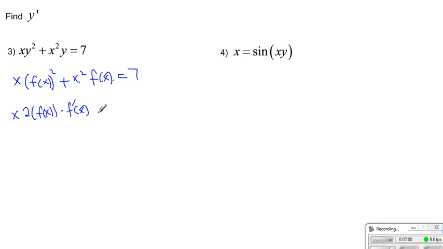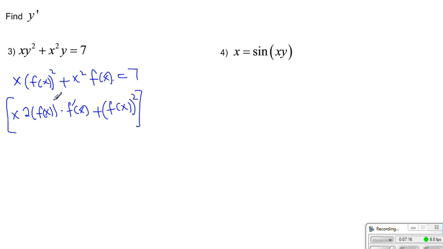Now the second portion becomes plus f of x whole thing squared multiplied by the derivative of x, which is equal to 1. So we can just leave this one in this way.